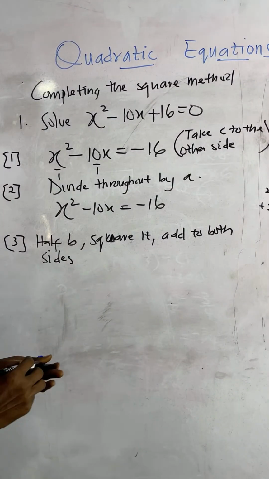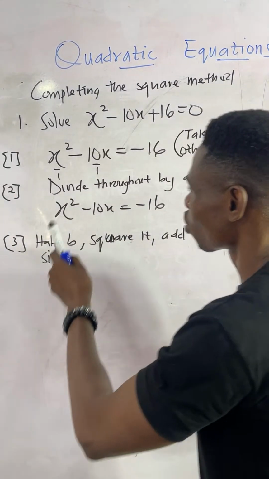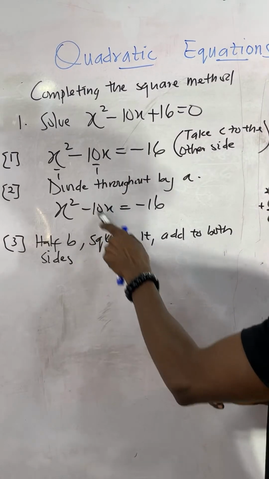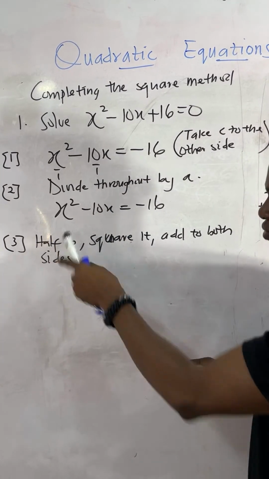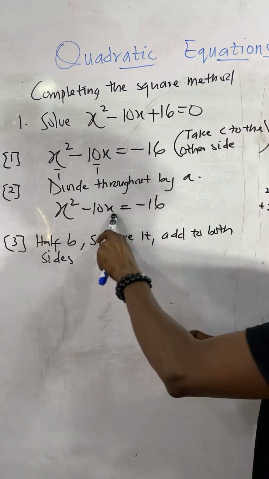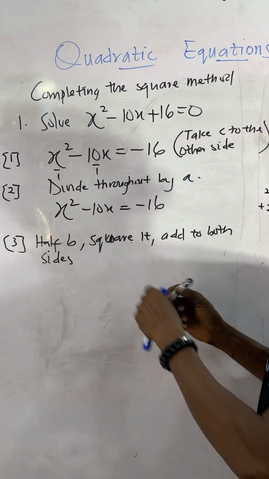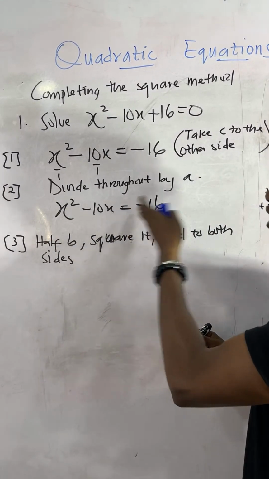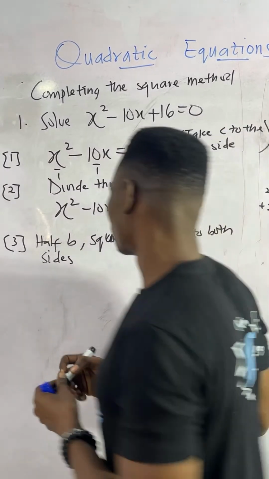Okay, it's like a 3-in-1. So the third step is to half b, our b is -10, half it, the answer you get, square it, that answer, add it to the two sides. So you have this side before the equality and this side after it. Okay, so let's do that.